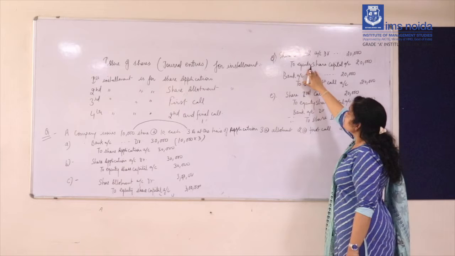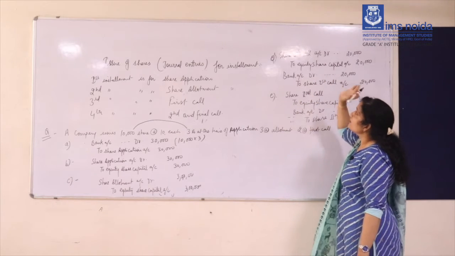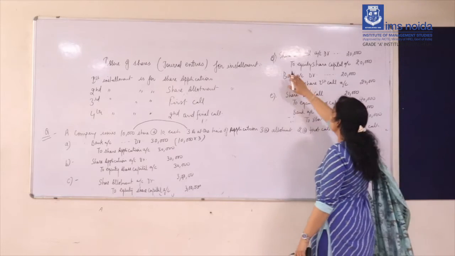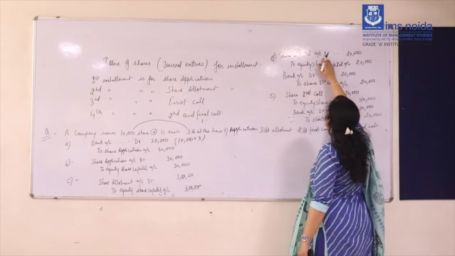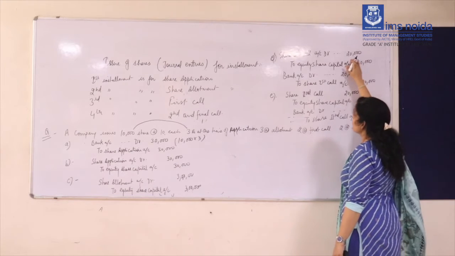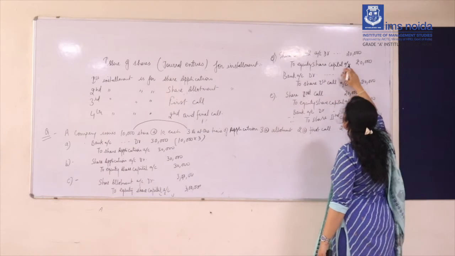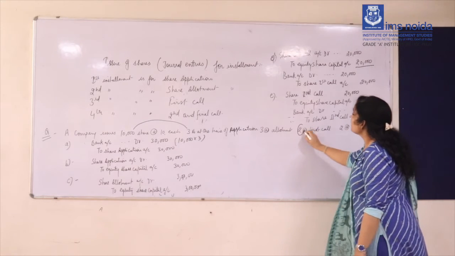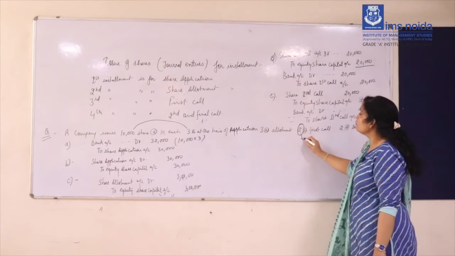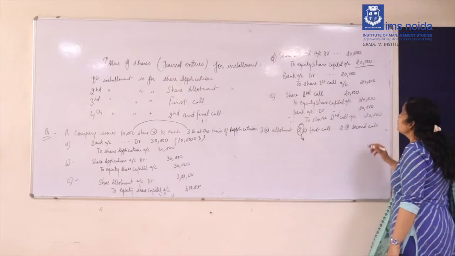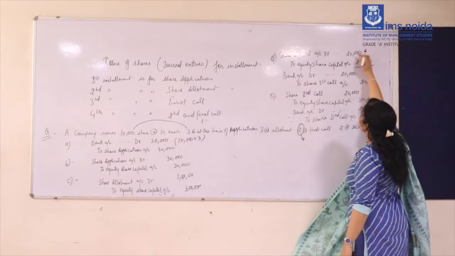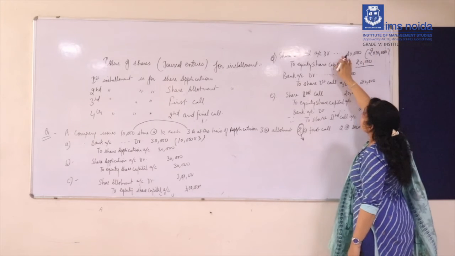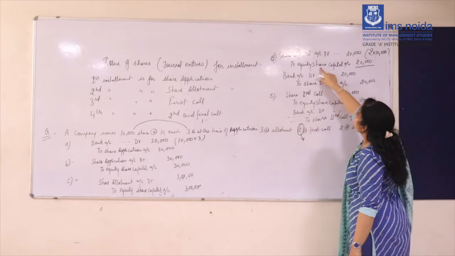Now the share first call. What will be the entry when we call the money for the first call? Share first call account debit, which is 20,000, to equity share capital 20,000. Why will 20,000 come? At the time of the first call we have called 2 rupees for each share, so 2 into 10,000 comes to 20,000, to equity share capital.